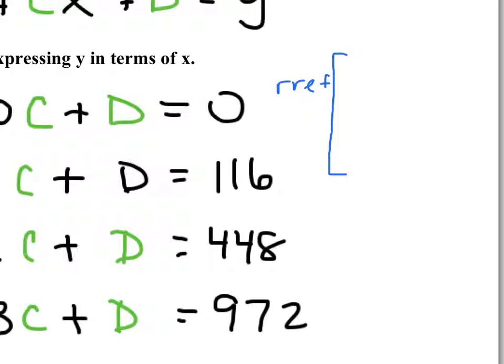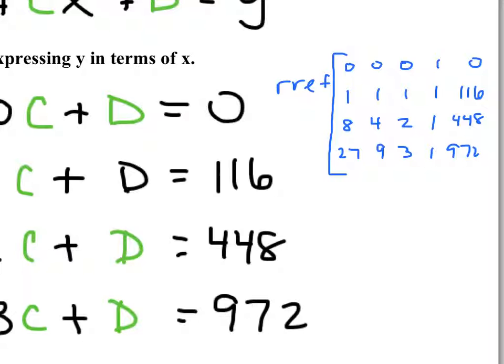We should have 0, 0, 0, 1, 0. Then 1, 1, 1, 1, 116. Then 8, 4, 2, 1, 448. And finally 27, 9, 3, 1, 972. I'm going to give you a second. Go ahead, plug this into your calculator, and let's see what you get.